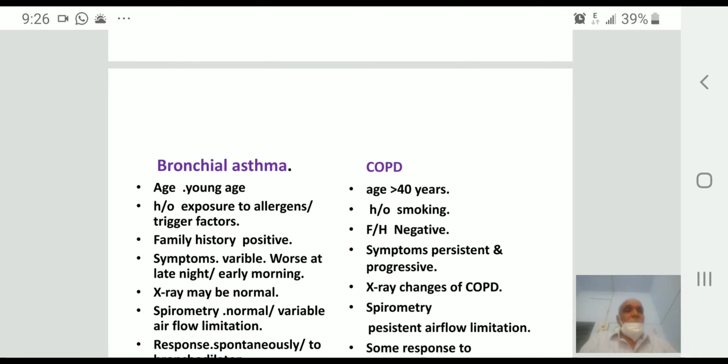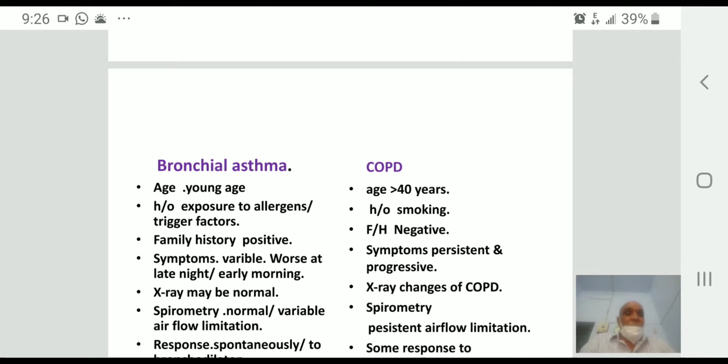How to differentiate bronchial asthma and COPD? Bronchial asthma commonly occurs at a young age, and COPD occurs in old age. History of exposure to an allergen or trigger factor is present in bronchial asthma, and history of smoking favors COPD. Family history favors bronchial asthma; in COPD family history is negative.